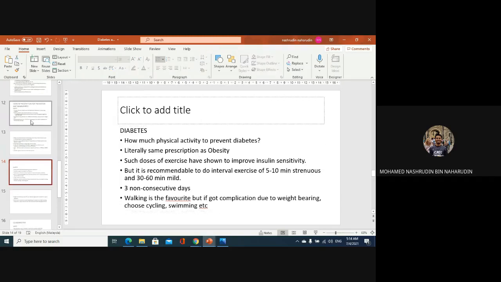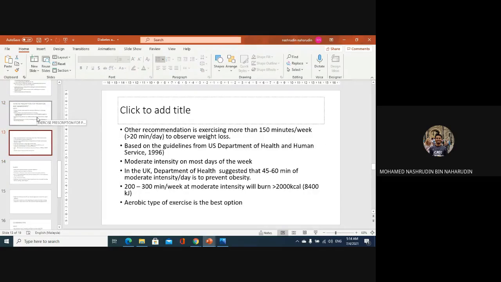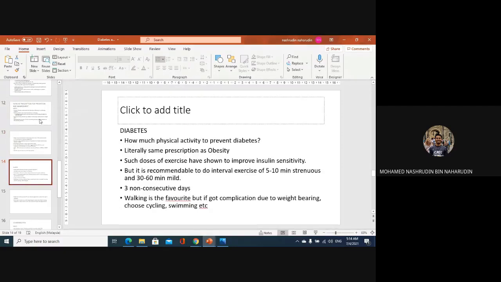You can read back the points in the obesity section and use it for the diabetes population. So these doses of exercise that I mentioned earlier, okay, have been shown to improve insulin sensitivity.